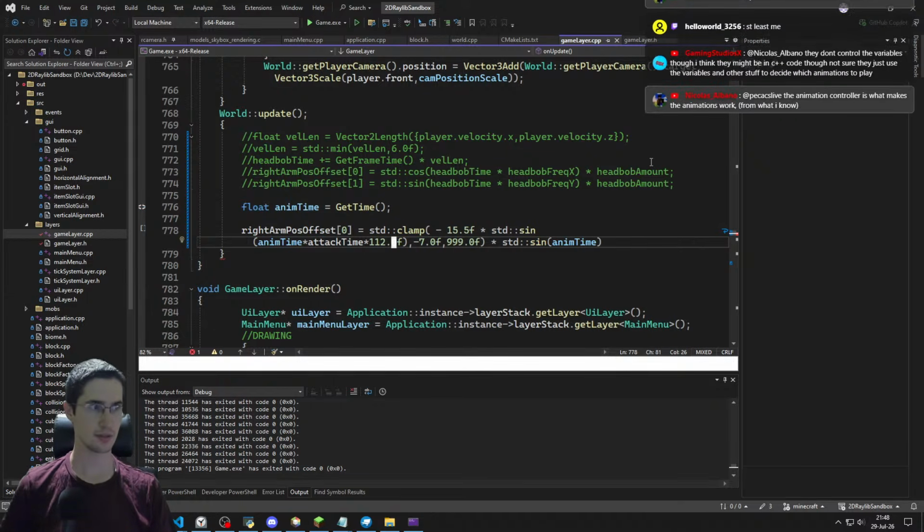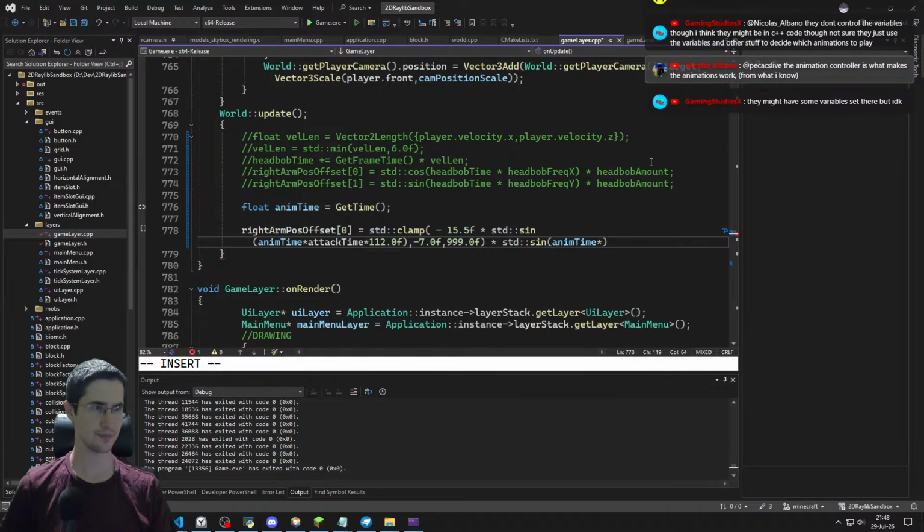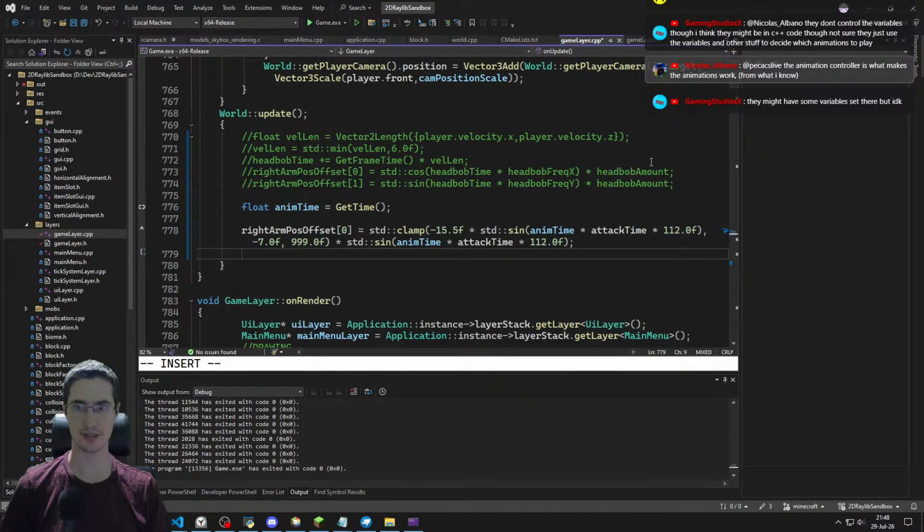Like that. And the other one is again kind of the same. The other sine is attack time multiplied by 112. Like that. Okay, so this is on the x-axis.